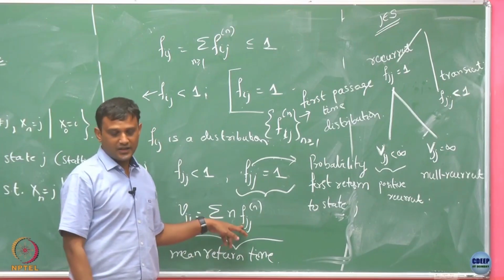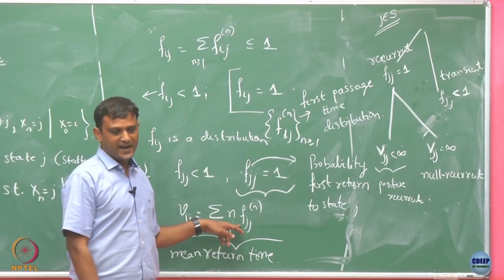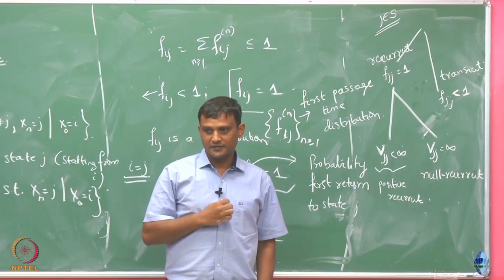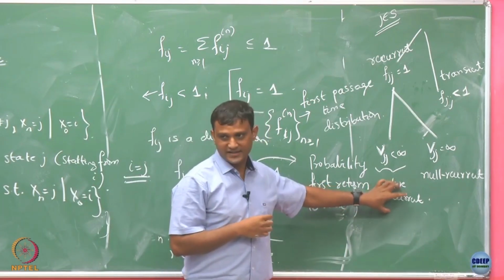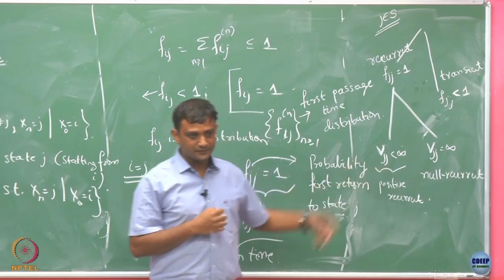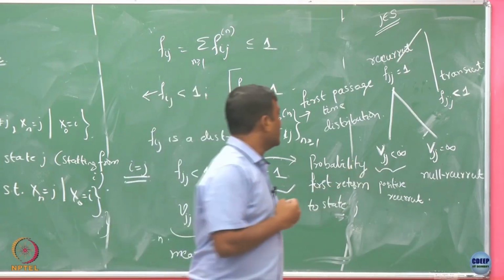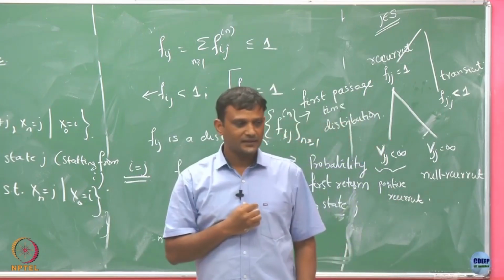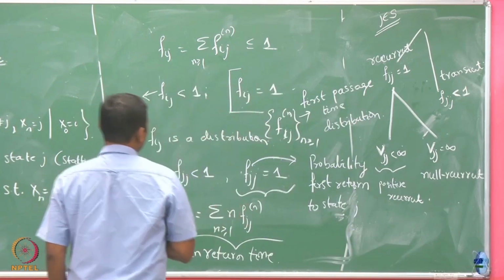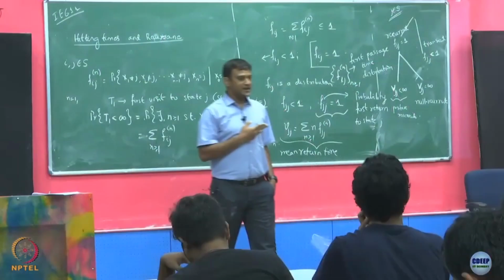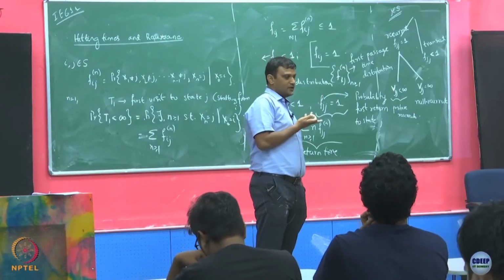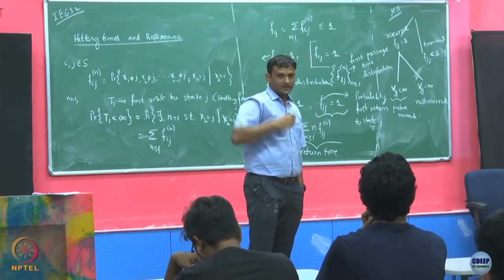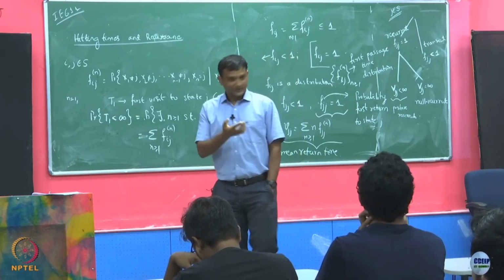When n is large, that means bad things happen only very late, so actually null recurrent is good for you. If the bad things are happening very frequently, that is a bad thing for you. What I am saying is that if you are in transient, FJJ for example is 0.7, so it means bad things can happen with probability 0.7, and it also says that you may never see a bad case again with 0.3 probability.